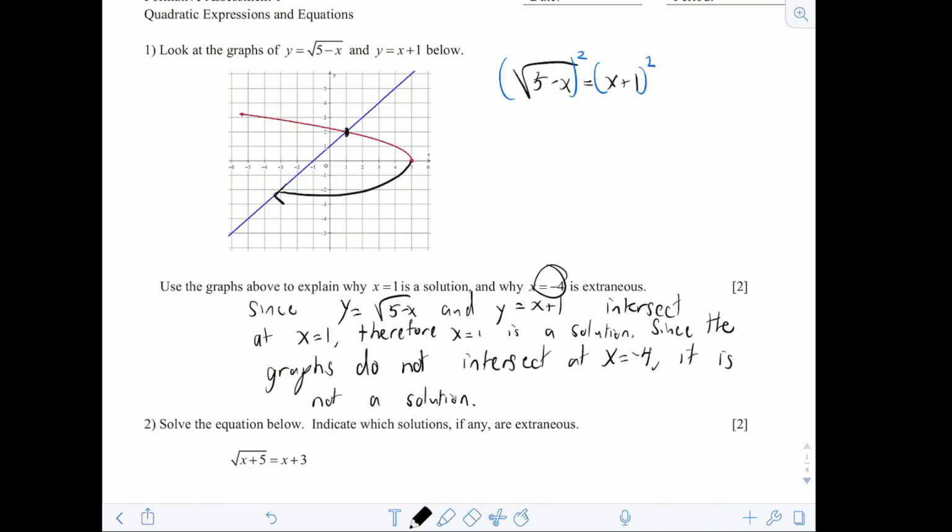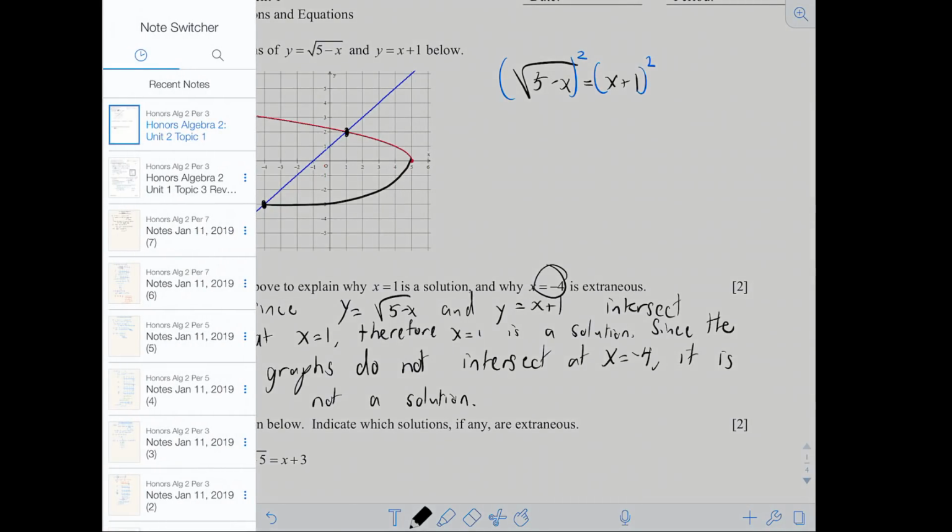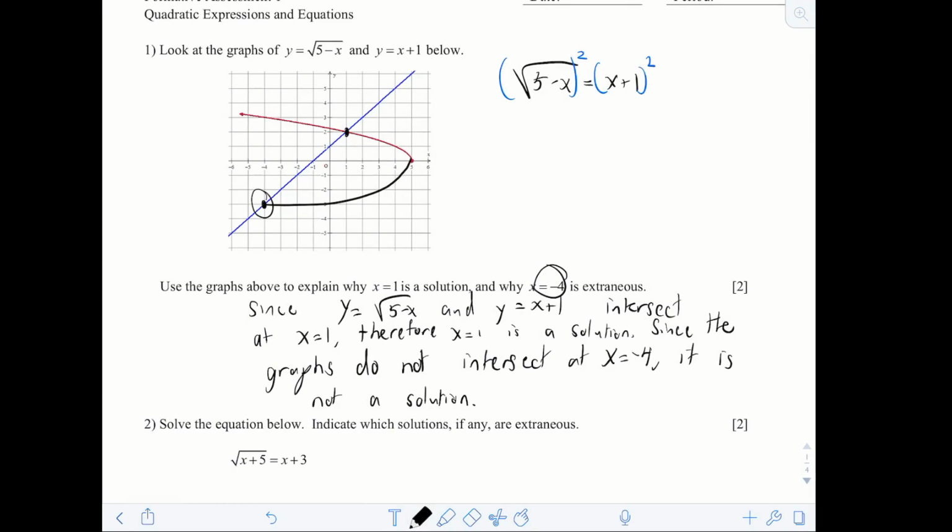So we would actually have something that looks like this, and with that done, we get an intersection at x equals negative 4. But since it is only talking about the first two quadrants, we don't need to worry about that. Finishing up, 5 minus x is equal to x squared plus 2x plus 1.